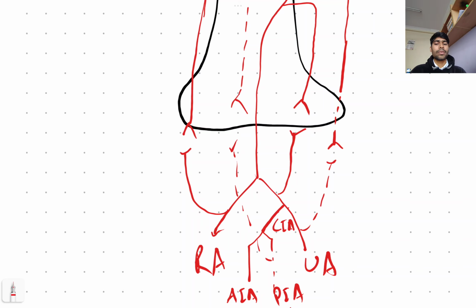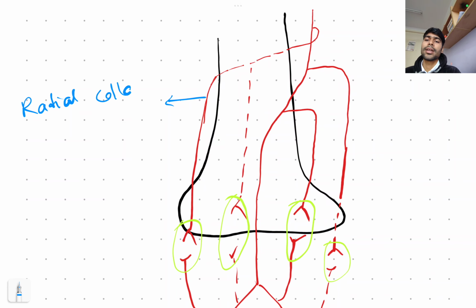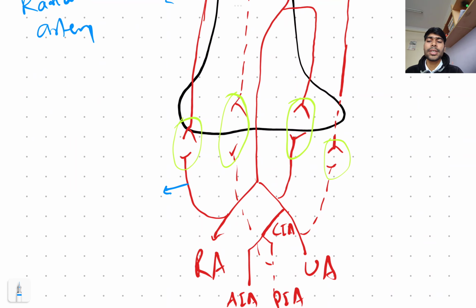Alright, so now all these branches form an anastomosis, and this is called the anastomosis around the elbow joint. So what were the branches? The first one was the radial collateral artery, and this forms an anastomosis with the radial recurrent artery.